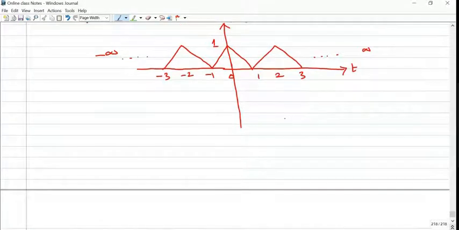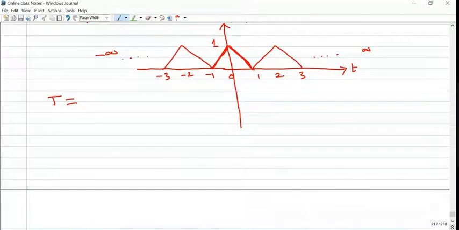So what is the time period of the signal? Capital T, the fundamental time period of the signal. You may consider 1 to 3. I'm going to consider this particular portion: one rising, then decreasing.